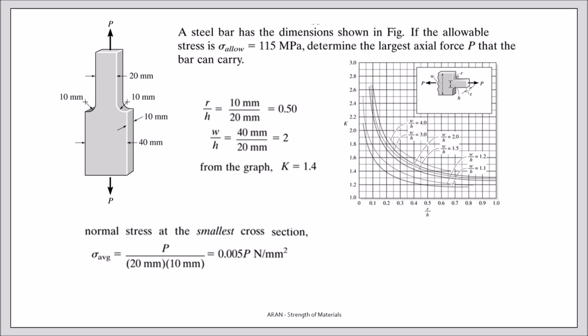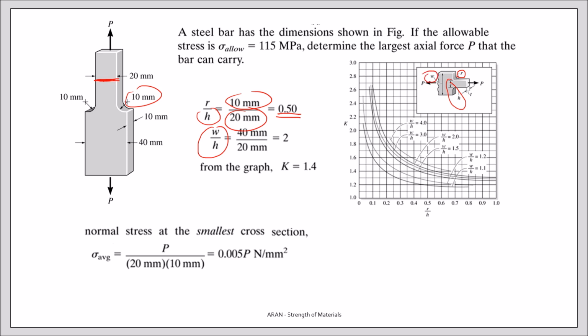I have R is 10, H is this 20. You see, this is H and this is R. R over H is 0.5. Using this graph, I have to determine W over H. W is the higher width.